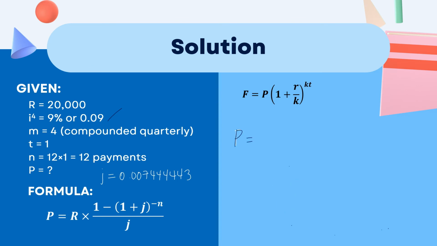P now is equal to, yung R po natin is 20,000 times 1 minus 1 plus, ang J po natin is 0.007444443, raised to negative, ang N po natin, o number of payment is 12 payments. And over, J pa rin po.